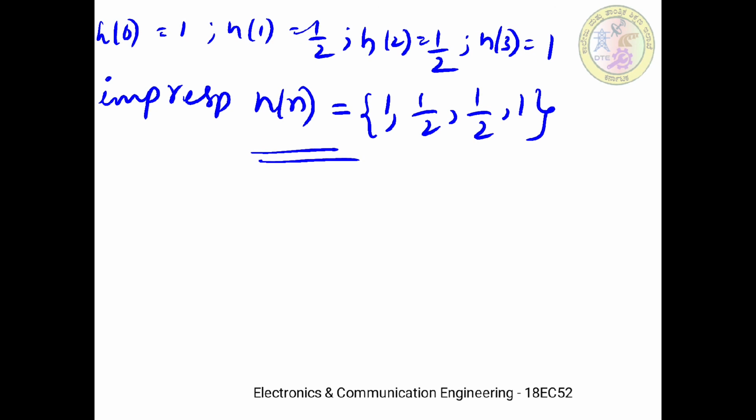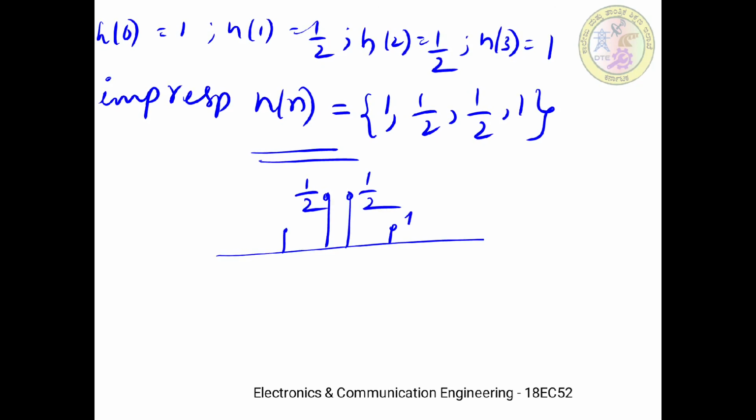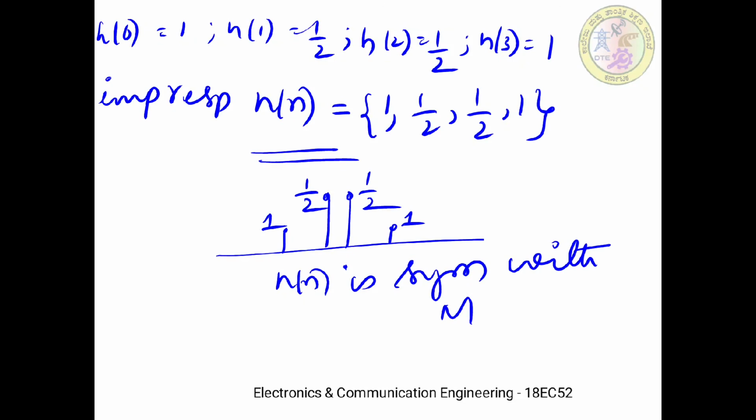Again here we can see that it is symmetrical in nature, and if you want to plot it, it shows a graph like this. This value is 1 by 2, this is 1 by 2, the remaining two sample values are 1 and 1. So h(n) is symmetric, with M even.